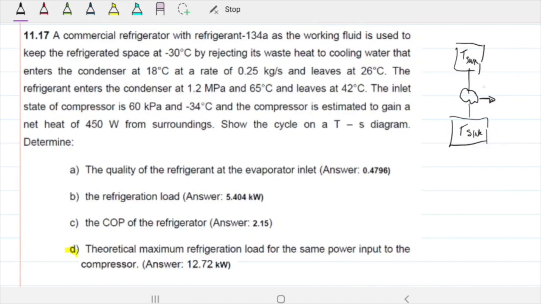We're limited by those values. So in this case, we can do at least the beginning of the maximum coefficient of performance that we can have. We know that's going to be limited by the T source over our T sink minus 1.